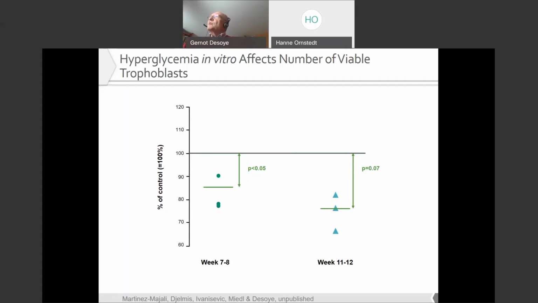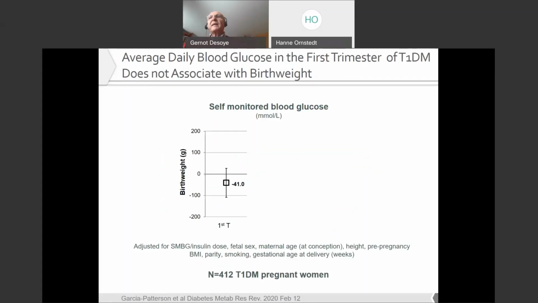So the question is now, would a hyperglycemia early in pregnancy, in type 1 diabetic pregnancies, also relate to a higher birth weight? In a study that was recently published, Rosa Corcoran's group demonstrated that the self-monitored blood glucose levels in the first trimester of pregnancy did not associate with birth weight.